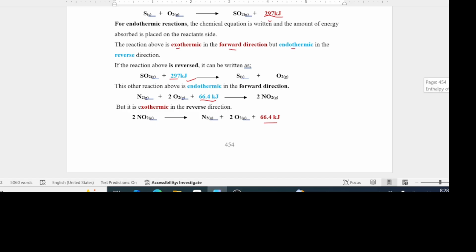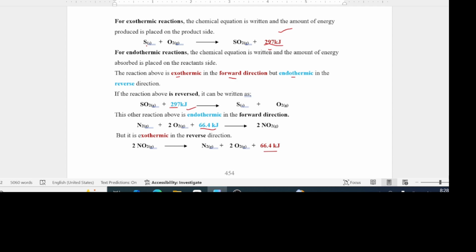So the point to note is this: if a reaction is exothermic in the forward direction, then it is endothermic in the reverse direction. What it means is that when sulfur reacts with oxygen, you get sulfur dioxide and that amount of heat is produced. To reverse this reaction now, we have to insert back that amount of energy into the sulfur dioxide to decompose it to produce sulfur and oxygen.